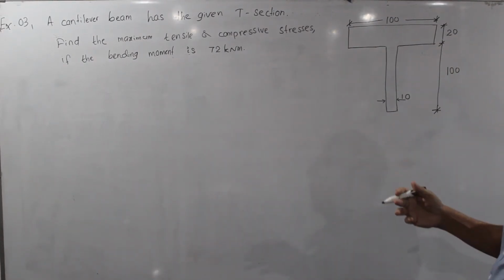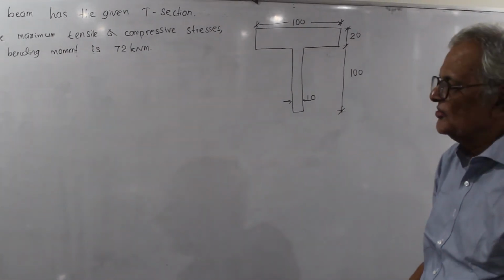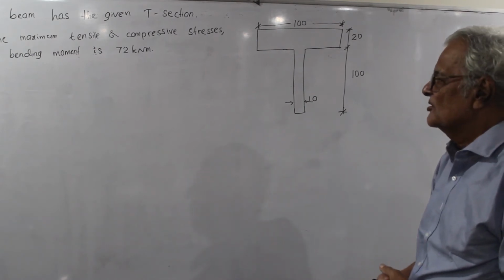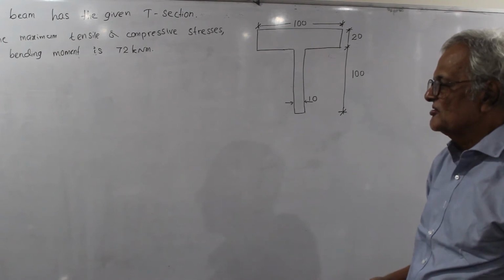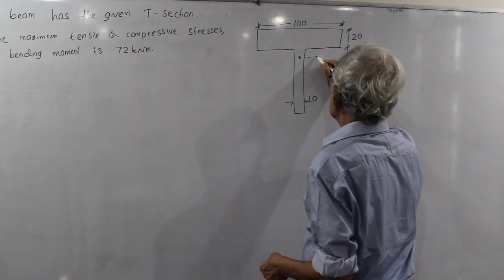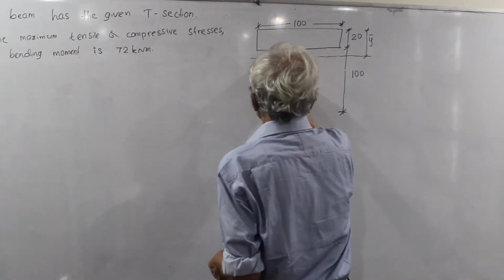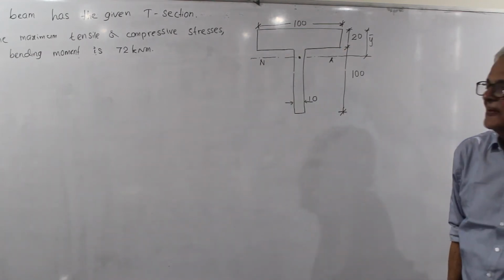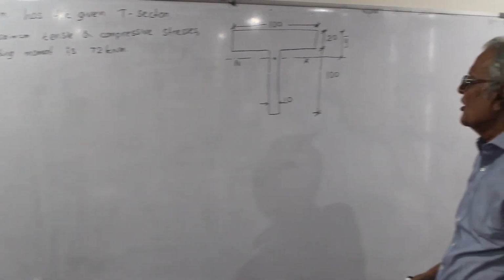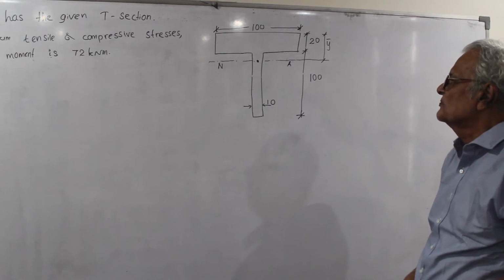The T section is given in the board, but we do not know where the centroid is. So first we have to find the position of the centroid. Let the position of the centroid be y bar from the top edge.